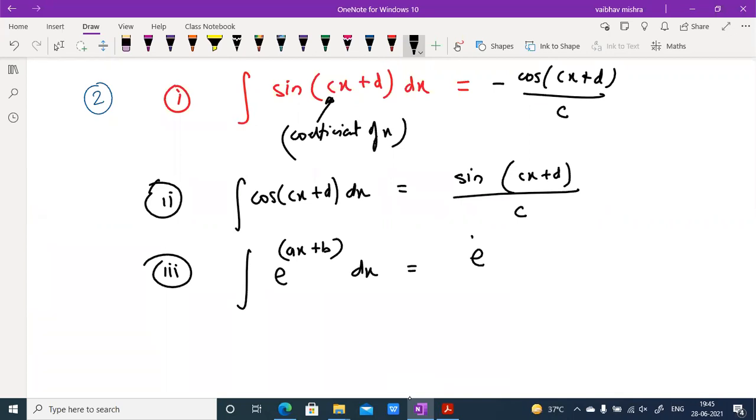What should be the answer, Anurag? Sir, I don't know. e^(ax plus b) upon a. So e^(ax plus b) will be e raised to power ax plus b, and then we have to divide the whole function by the coefficient of x, which is a.